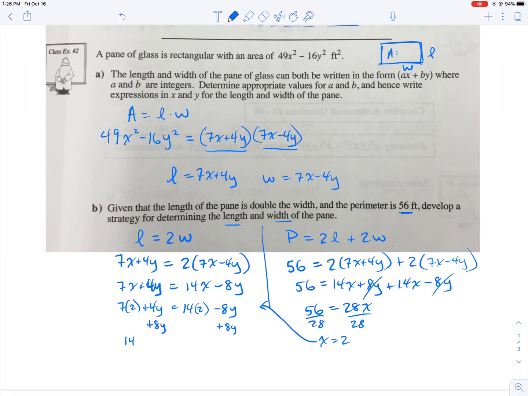So now I have 14 plus 12y equals 28. 12y equals 14, and y is equal to 14 over 12, or 7 over 6. That means my length is equal to 7 times 2 plus 4 times 7 over 6, which is 14 plus 14 over 3. I feel like I've made a mistake here somewhere. 14, 28.